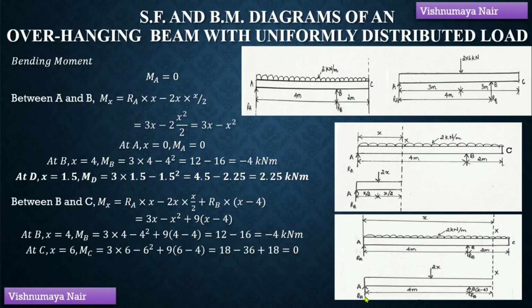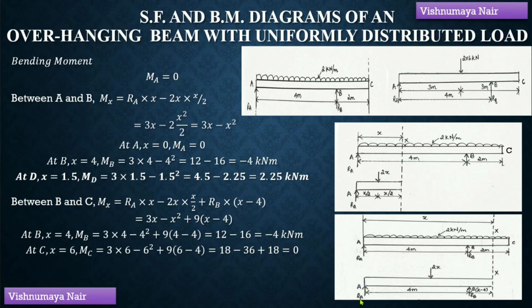On the left portion of the section, we have 2 reaction forces acting in the upward direction, that is Ra and Rb, having the tendency to rotate this beam in the clockwise direction with respect to this section, and a point load 2x acting in the downward direction and having the tendency to rotate the beam in the anti-clockwise direction with respect to this section.